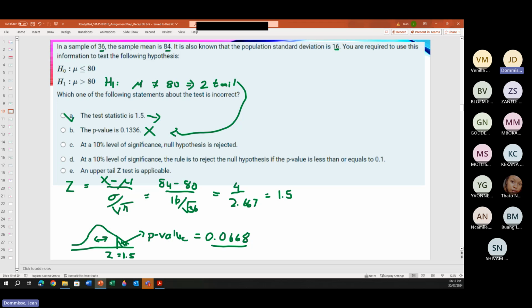Okay, so that 0,1336 is when we have a two-tail, because then we would have said we've got another piece on the left-hand side as well, so then it would have been 0,0668 times 2, and then we would have had B as the correct answer.